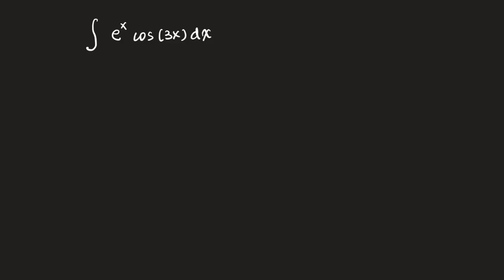Let's practice case 3 for integration by parts. This one is e to the x cosine x, e to the x sine x. That's gonna repeat. This one, let's decide u gonna be cosine 3x, dv gonna be e to the x dx, du gonna be negative 3 sine 3x dx, v gonna be e to the x, right?